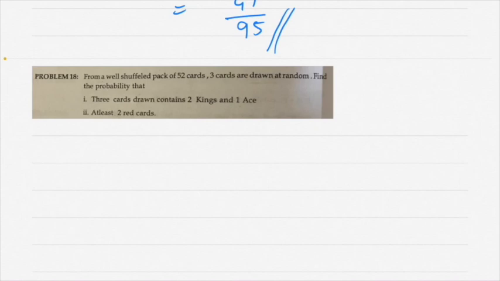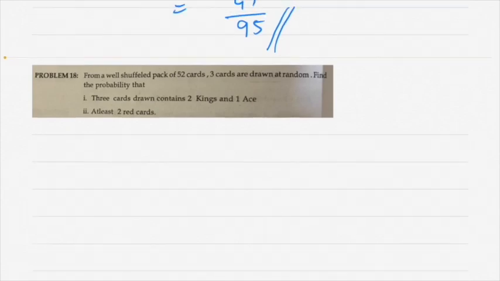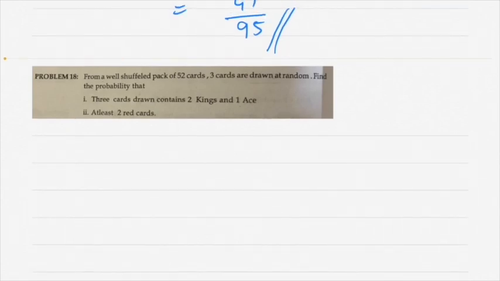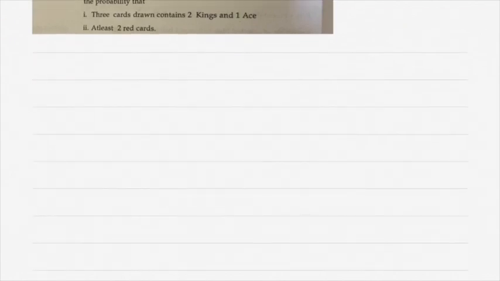Okay, so there are 2 sub questions here. First, let us calculate the sample space, that is N of S. 52 cards are there and 3 cards are drawn at random. So you are selecting 3 cards from 52 cards. So this is a question of combination. So your sample space will be 52C3.